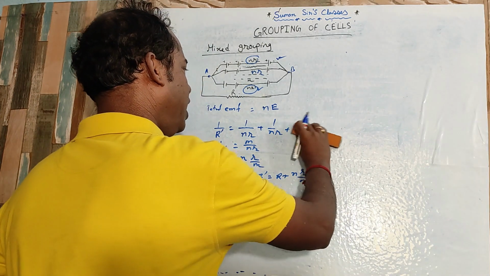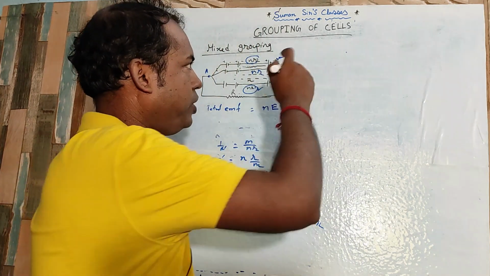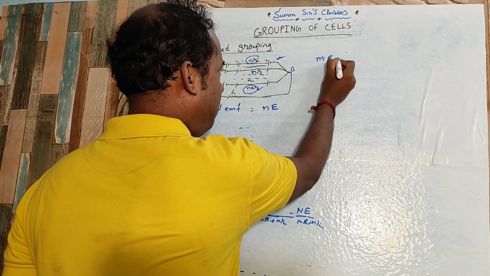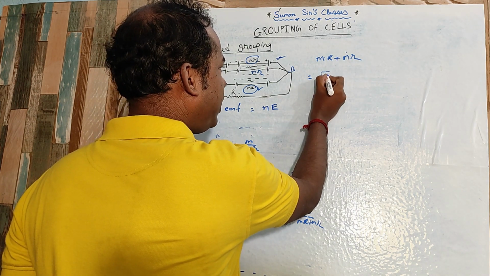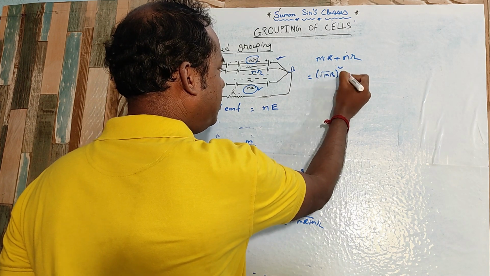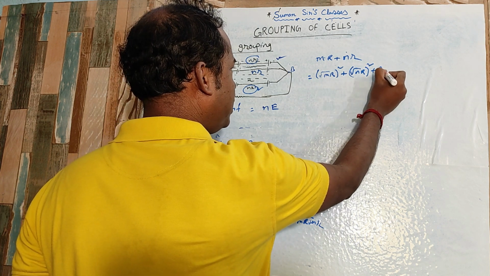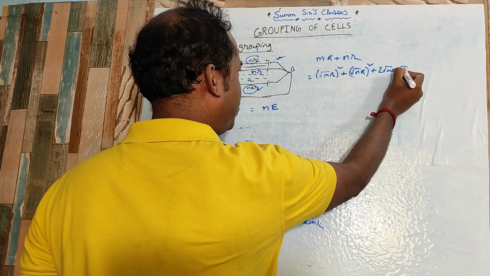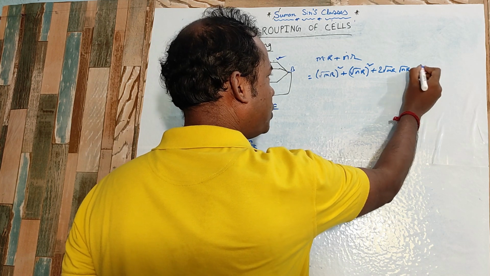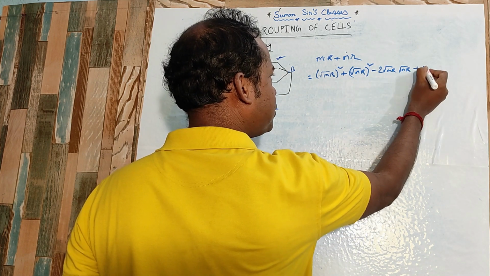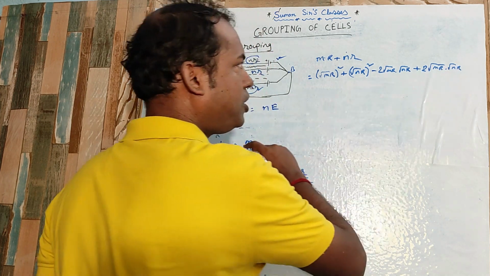Here, the value of MR plus NR may be written as root over of MR whole square plus root over of NR whole square plus 2 root over of MR into root over of NR, and then minus 2 root MR root NR plus 2 root MR root NR, for balancing.